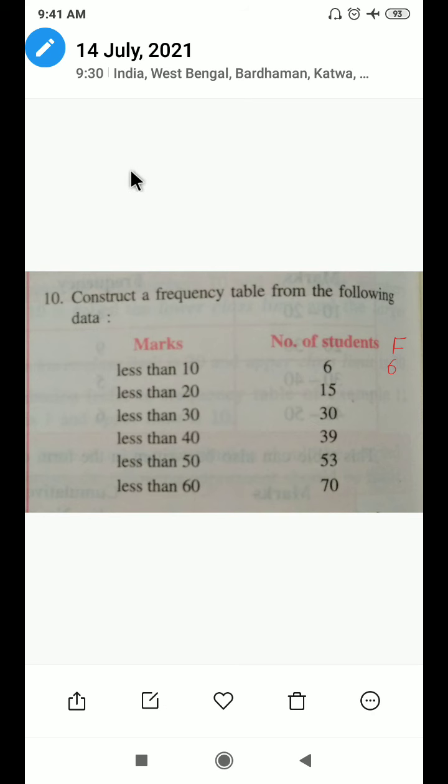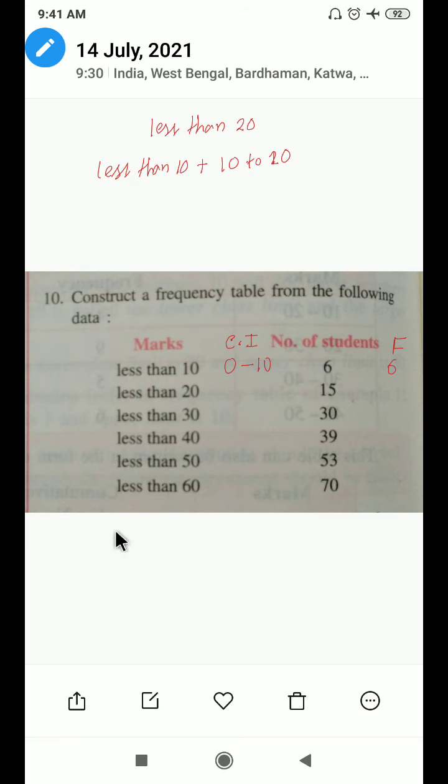Less than 20. So less than 20 means it covers less than 10 plus 10 to 20. So for finding the frequency, right here is the class interval, so the class interval is 0 to 10.